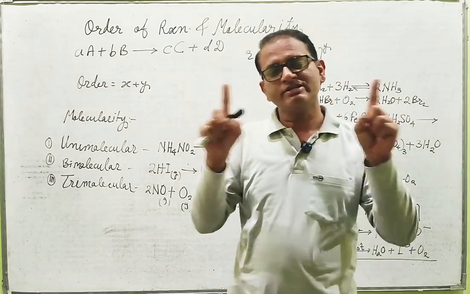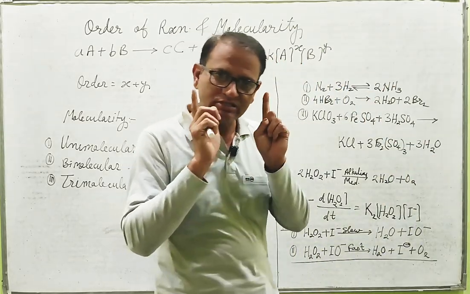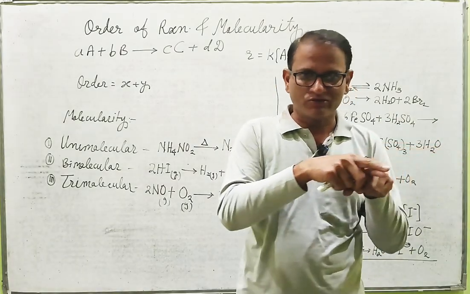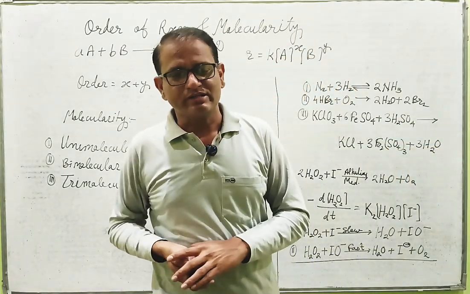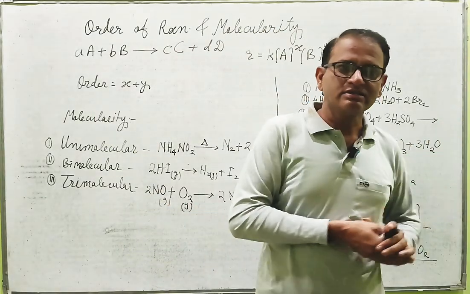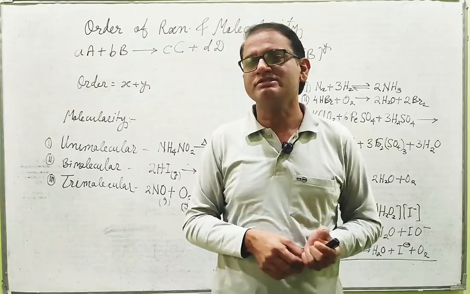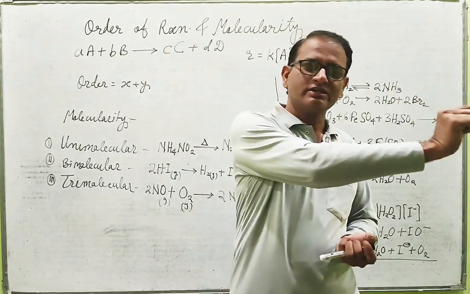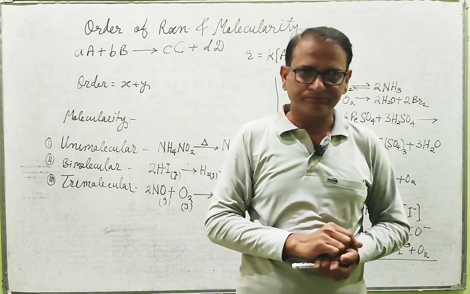Elementary reaction means the molecules taking part in that reaction must collide with each other, and an elementary reaction always gives us product. It means the reactant will definitely convert into product.